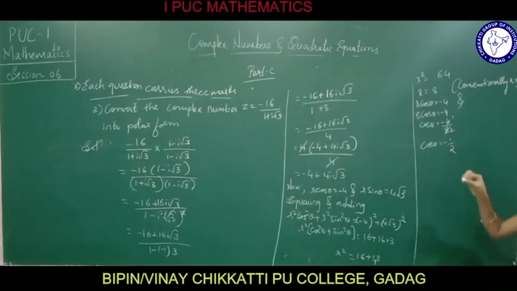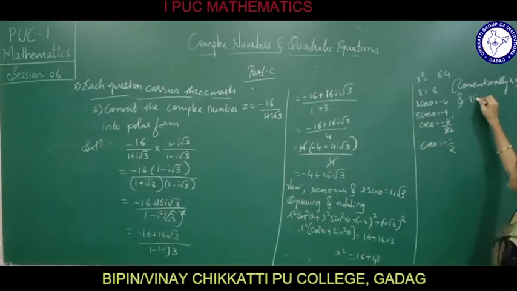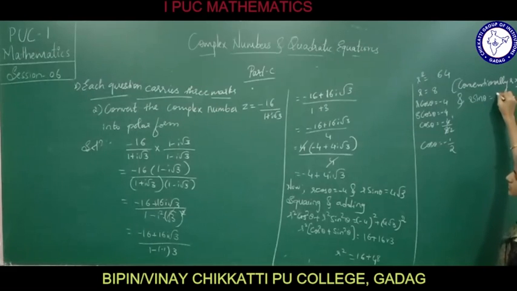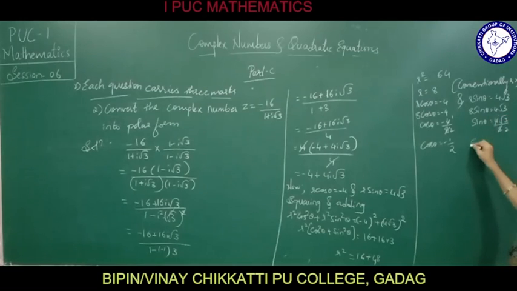And the same way R sin theta, which is equals to 4 root 3, nothing but 8 sin theta is equals to 4 root 3. Sin theta is equals to 4 root 3 by 8. 4 ones are 4, 4 twos are 8. Sin theta is equals to root 3 by 2.